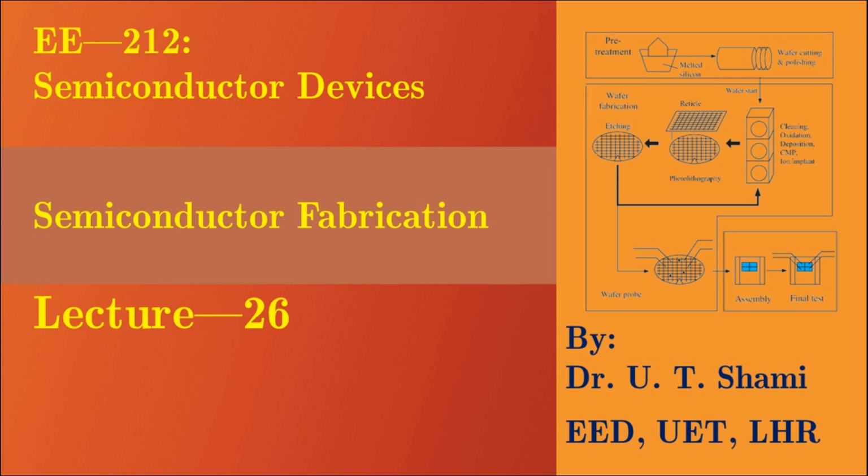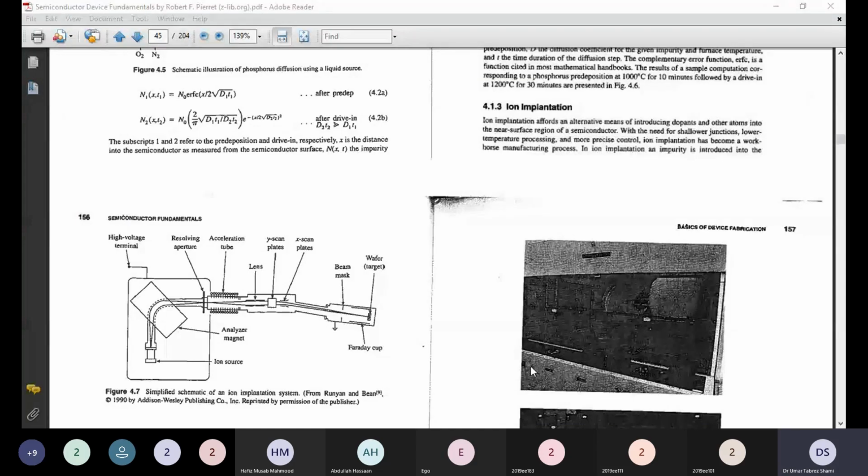Right, so now we come to Article 4.13, ion implantation, an alternative method of introducing dopants and other atoms into the near surface of a semiconductor. With the need of shallower junctions, lower temperature processing, and more precise control, ion implantation has become a workhorse manufacturing process.